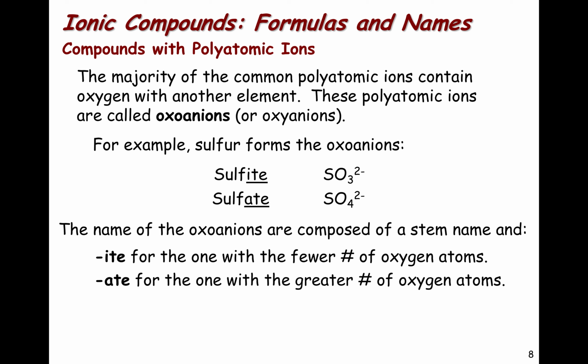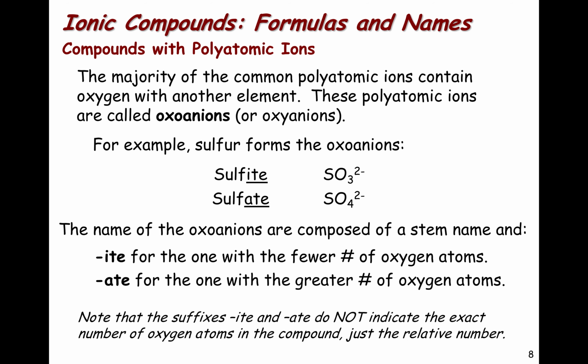It turns out that there is sort of a pattern to this, in that if the element that is the first element in the polyatomic ion is in the second period main group, that's things like carbon, nitrogen, then the maximum number of oxygens will be 3.